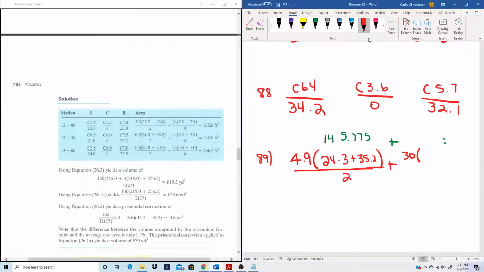Alright, so 30, and my distance left and right would be 3.1 plus 4.3 divided by 4.